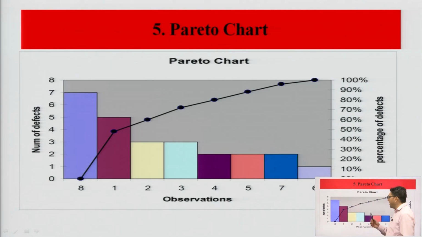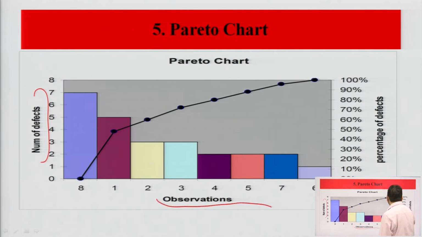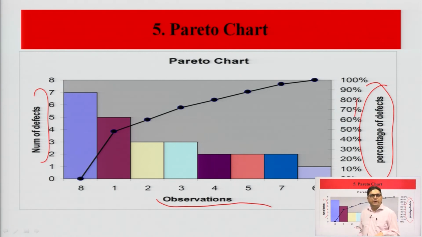Next, we have the Pareto chart, which shows the number of defects, or number of observations, and the percentage of defects. Simultaneously, in this graph we have taken two parameters: the number of defects and the percentage of defects.